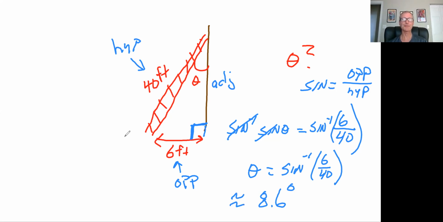So this is the practical application of using inverse trig functions. As an electrical engineer, I didn't use them that much. I used the other part of the trig world a lot more. But if you were in mechanical architecture, things like that, and you want to know what angles are given certain sides of triangles, very, very, very useful.